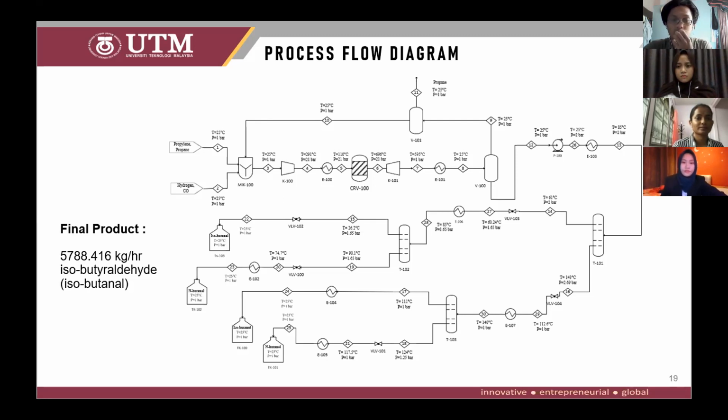I'm just wondering, you are using 95% separation efficiency, right? Why do you choose 95%, not 100% separation efficiency? If you choose 100%, then your life will be much better, because now it's not a pure product, right? Because 100% is not possible.